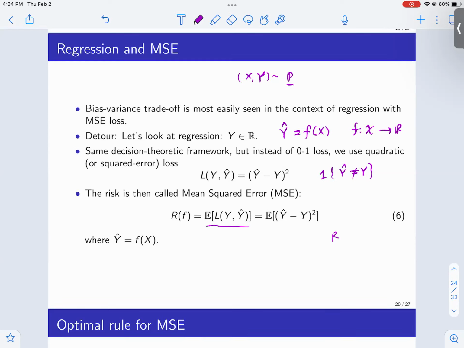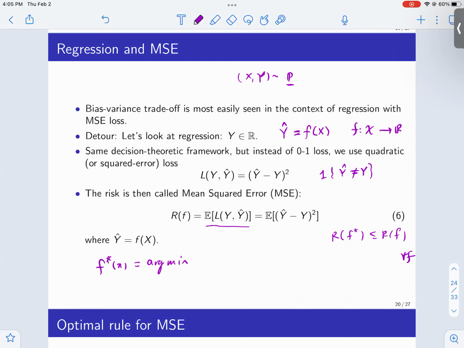So R of F star is going to be less than R of F for any other estimator. There was a problem that gave you that this is an arg min of something. You remember? Are we assuming Y is always... No, we're assuming it to be in R. But that problem was also general.